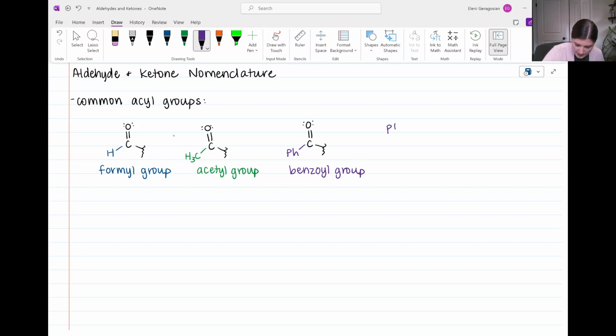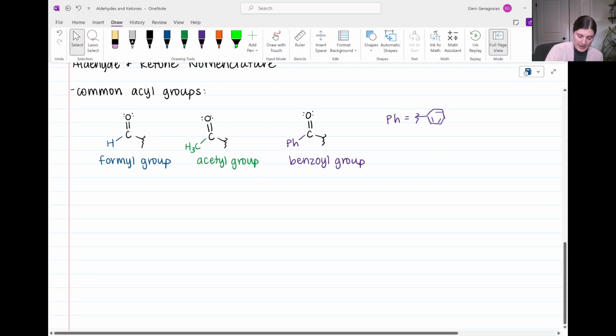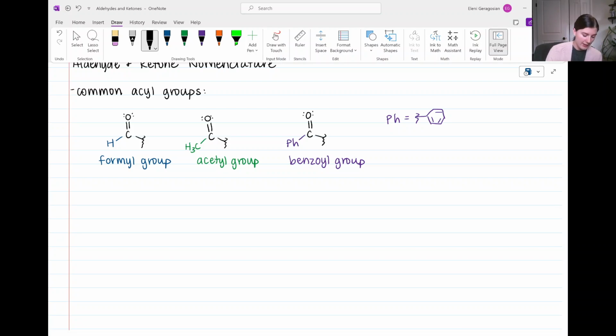Now remember, Ph represents a benzene ring substituent. Okay, so these are 3 common acyl groups. There are others, but we'll focus on these 3. And then sometimes when we name aldehydes, well, not sometimes, there are some aldehydes that we'll name here.